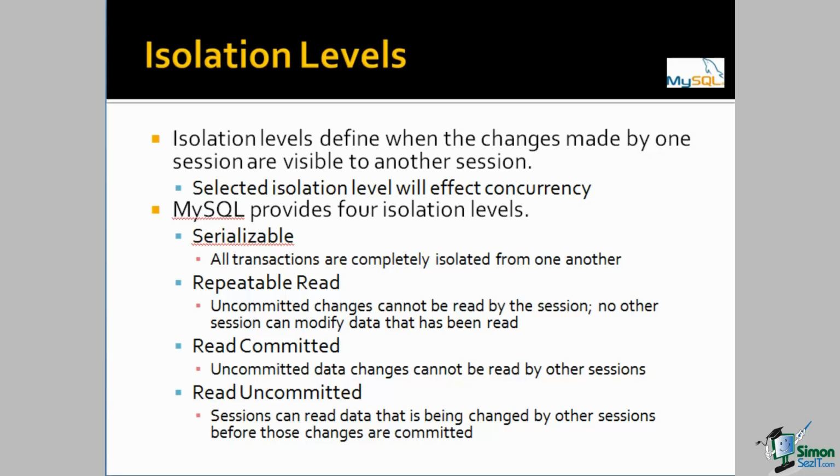There are 4 isolation levels provided by the MySQL system: serializable, repeatable read, read committed, and read uncommitted. These all have trade-offs. We need to understand what those trade-offs are so that when we decide which isolation level is appropriate for our application, we'll be making an informed decision.